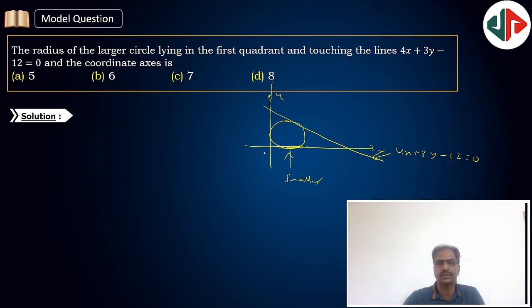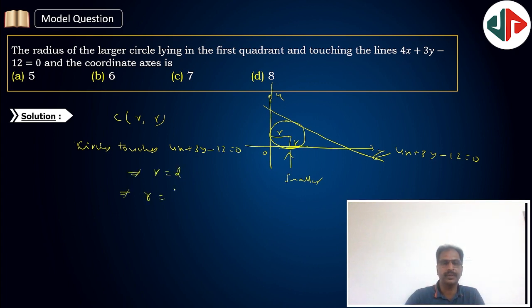Now since the circle is touching the coordinate axes in the first quadrant, if the radius is r, the center will be (r, r), and the circle touches the given line. Circle touches a line implies r is equal to d.